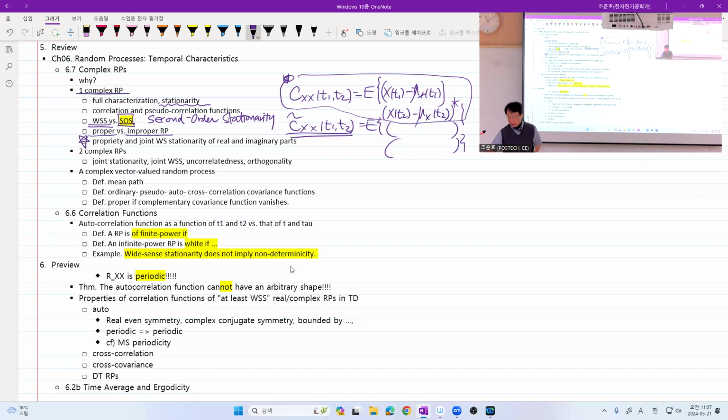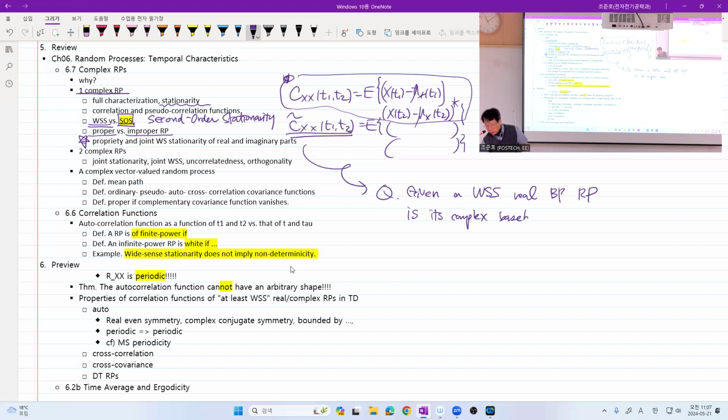Let me repeat. The question is this: given a wide sense stationary real bandpass random process, is its complex baseband equivalent random process proper?